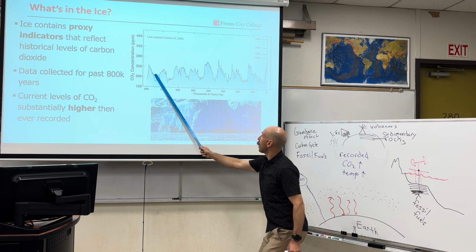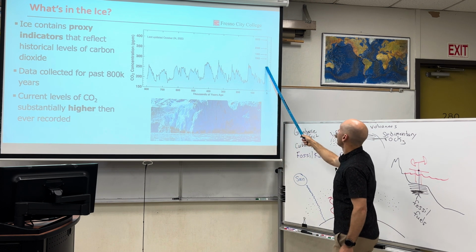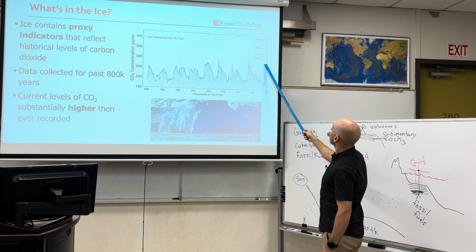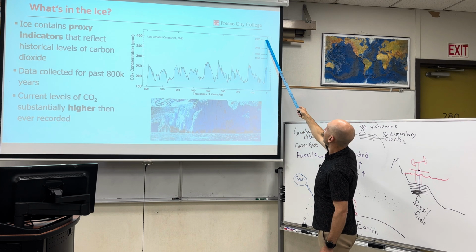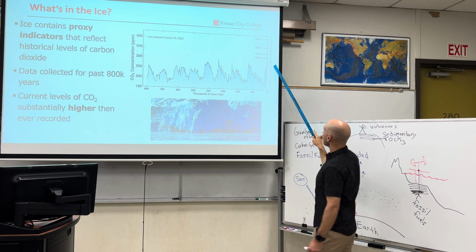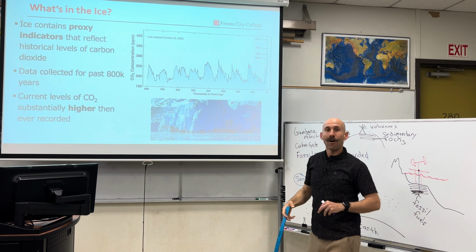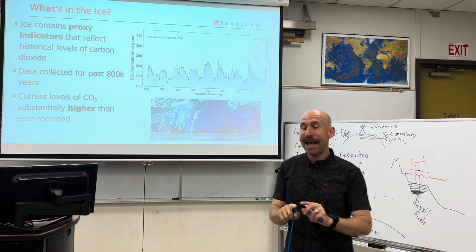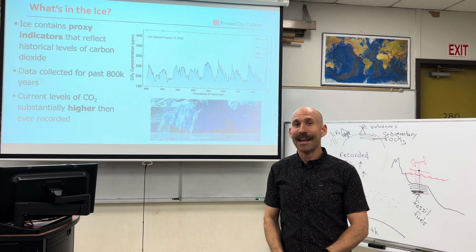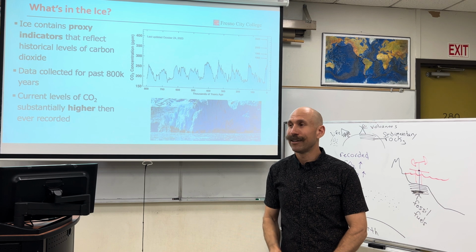Now we take this from the 800,000 years to today, and we see that over the last 150 years, where we're at now, over 400 parts per million, carbon dioxide concentrations in the atmosphere are higher than they have ever been in the last 800,000 years.